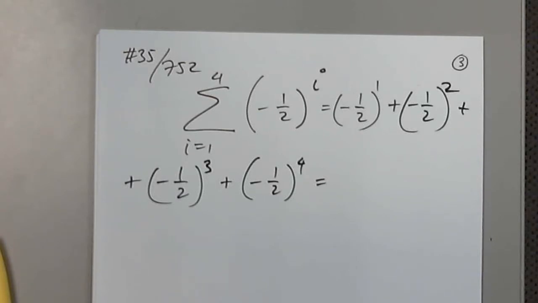Okay, so from i, I can put i in there in the calculator. I have to put it as x. So from x equals 1 through 4, and in parentheses, I have -0.5, and outside caret x. And it should give us the answer.